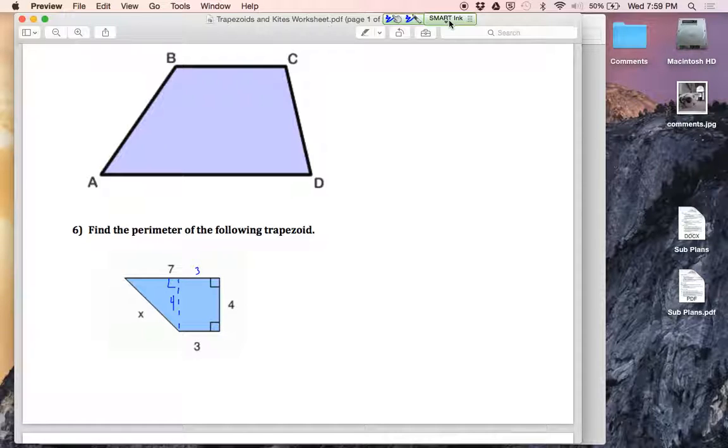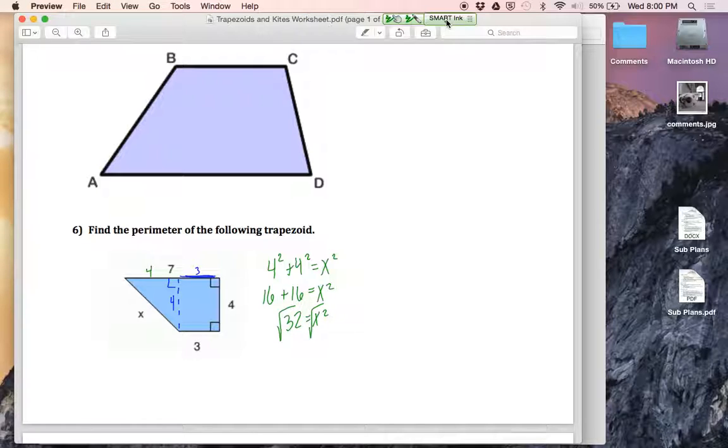And from here to here is also 3. So if that's 3 and the whole thing's 7, this part here is 4. So now I have this right triangle, and to figure out x, I can just go 4 squared plus 4 squared equals x squared. So I get 16 plus 16 equals x squared, which gives me 32 equals x squared. And now I'm going to take the square root.